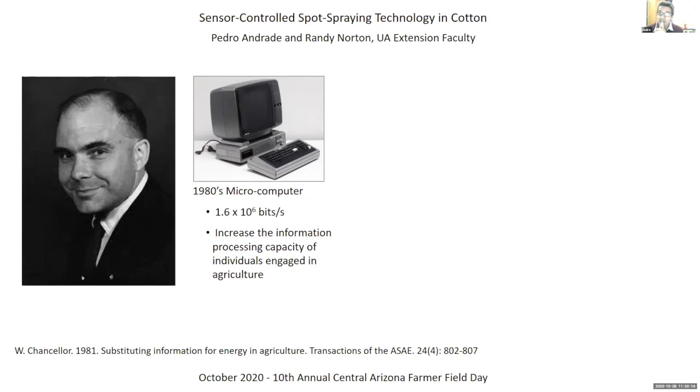So 1980s, you can only imagine how much more processing power we have now with our computers 40 years later. I mean, it's a logarithmic change, okay? But his main premise was the following, and this is what digital agriculture really means in our context in production agriculture: increase the information processing capacity of individuals engaged in agriculture.